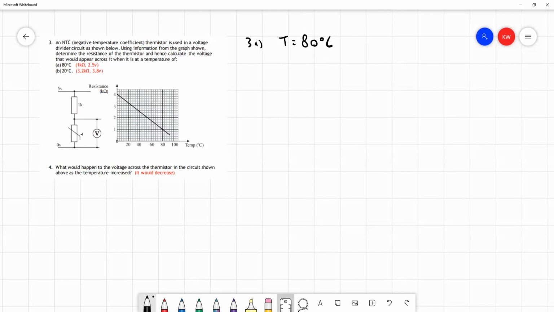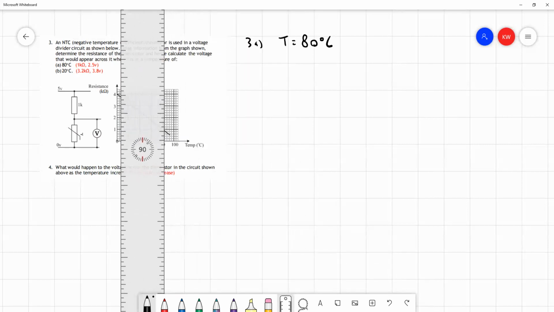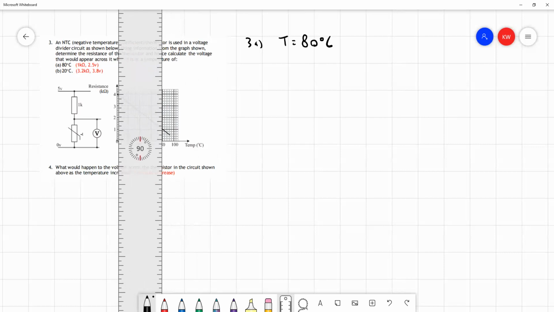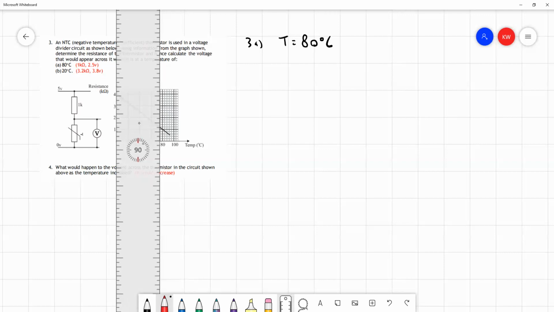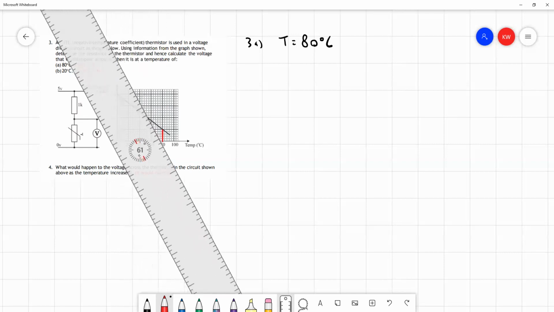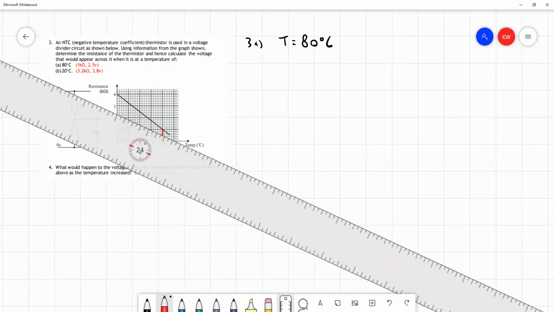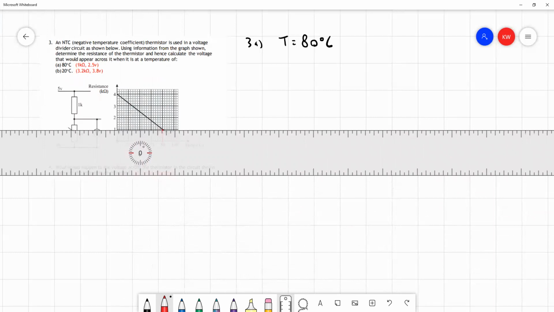What we're going to do is go to our graph and measure up from 80 degrees Celsius, and then we're going to measure across to our vertical axis to read off what resistance is there. That's how we use a graph like this to find the resistance from a temperature.